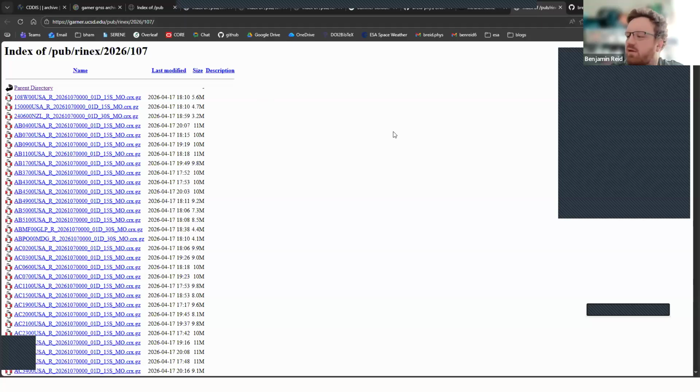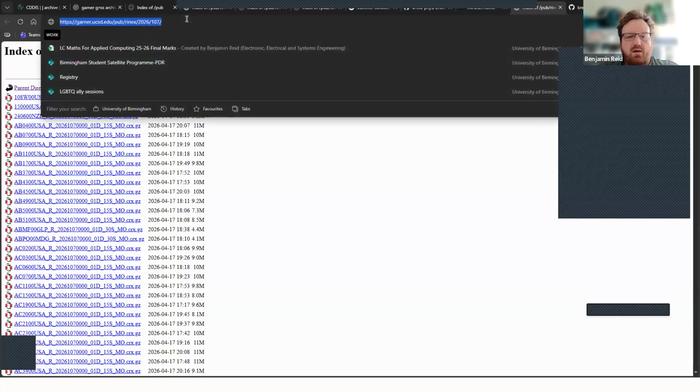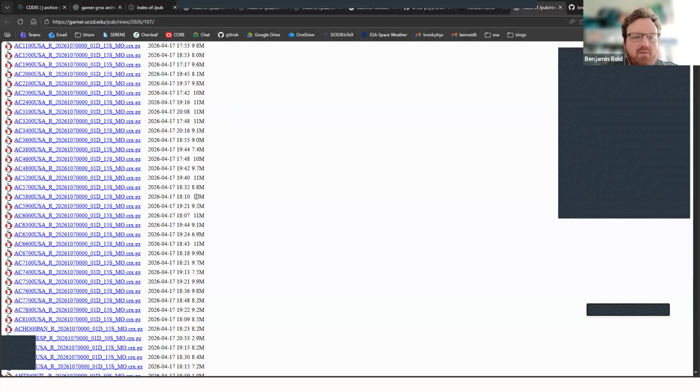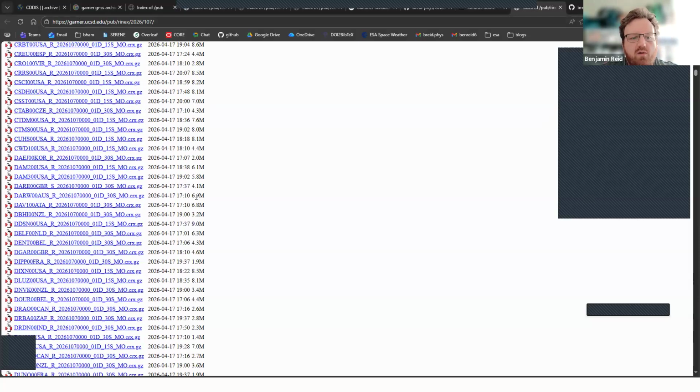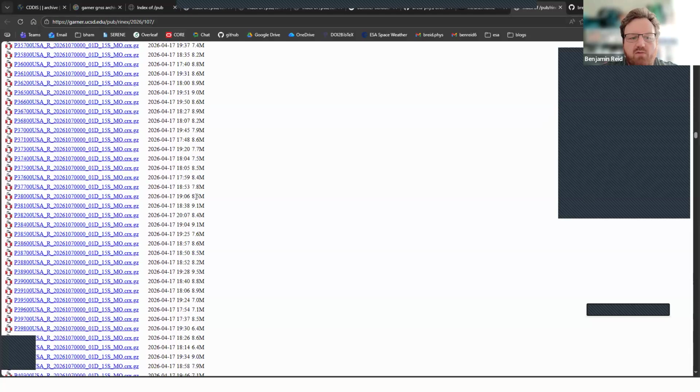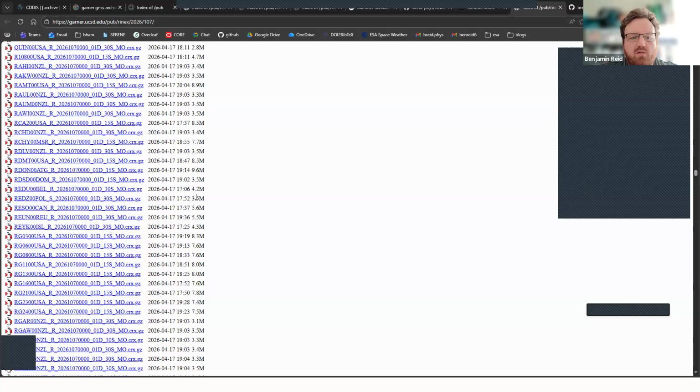I have links to this again in the PDF that I'll send around. For example, Garner is a big archive of them. You can see they have loads and loads of GNSS RINEX files, right?